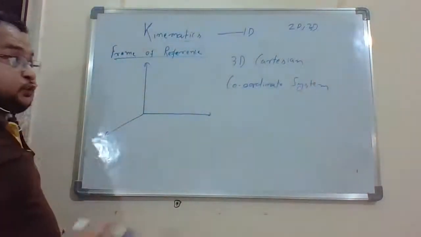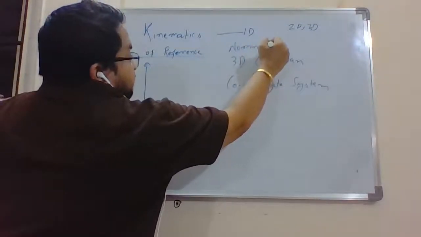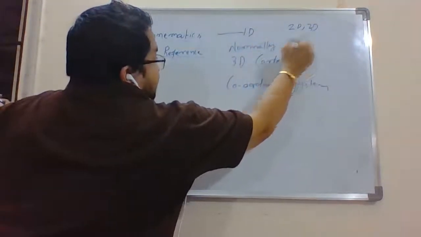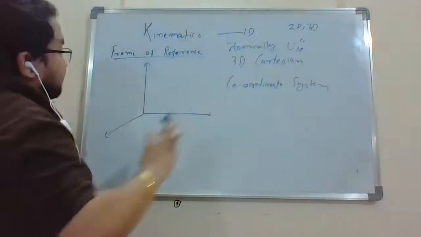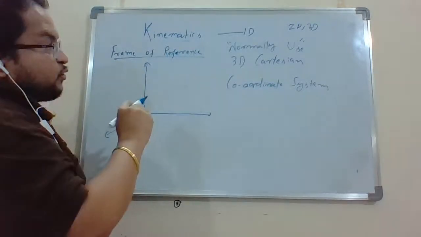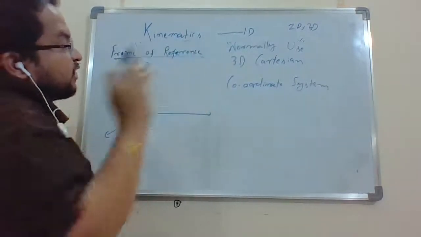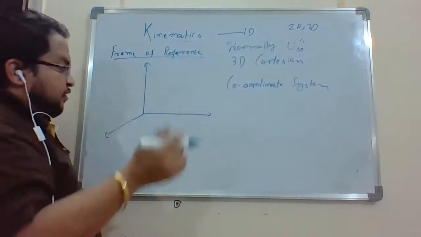Okay, we normally use, and I'm again saying we normally use, or most times we use. But again, if you want to take something else as a frame of reference, you can always do that. No one stops you. We use the three-dimensional Cartesian coordinate system as the most conventional frame of reference.